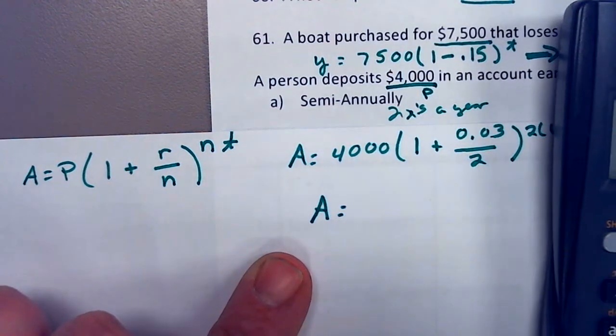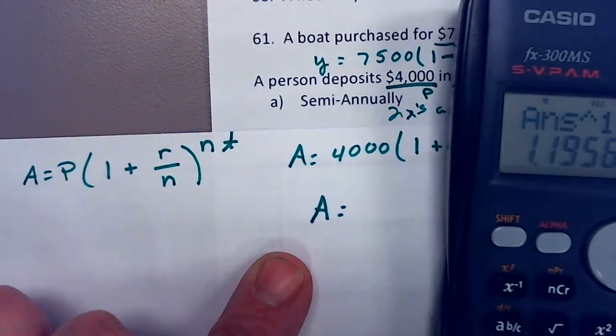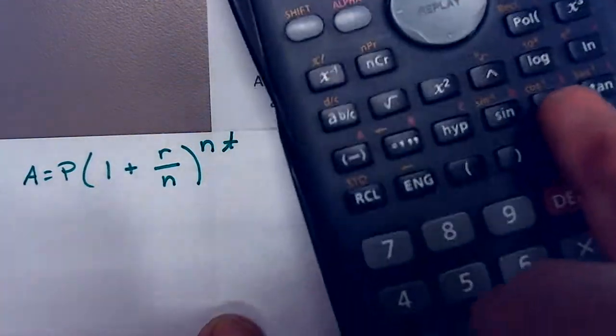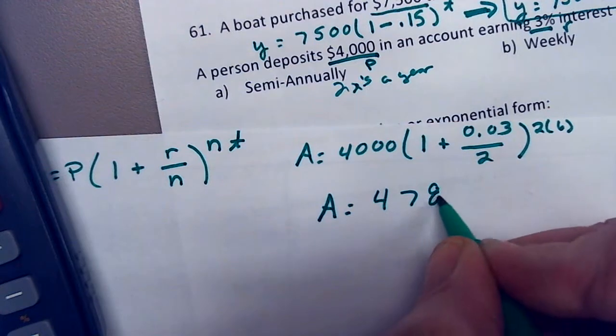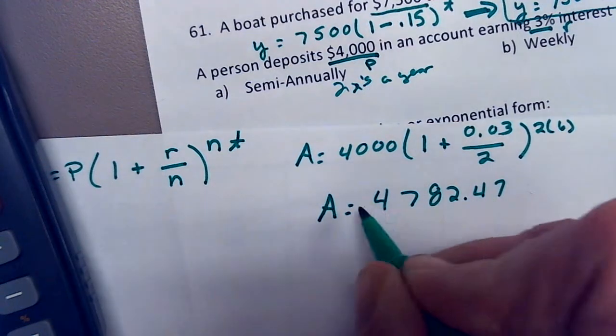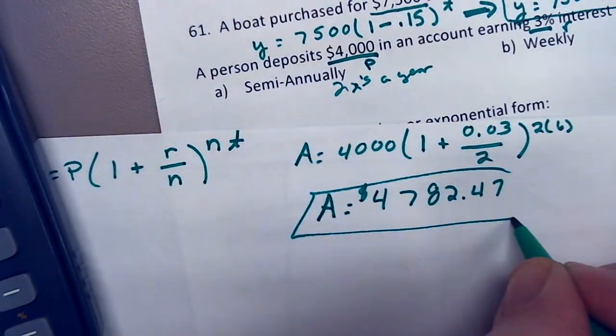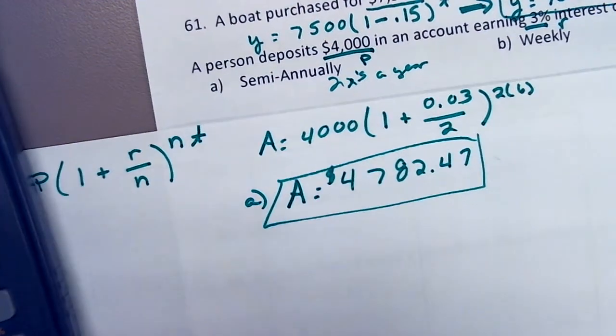Then I'm going to take that to the 12th power, and then multiply by 4,000. So the answer for this one should be $4,782.47. That's part A.